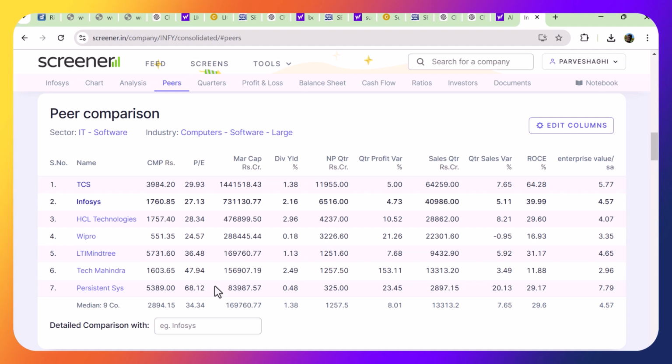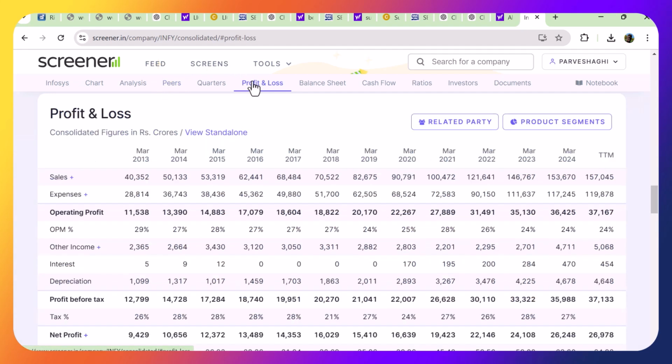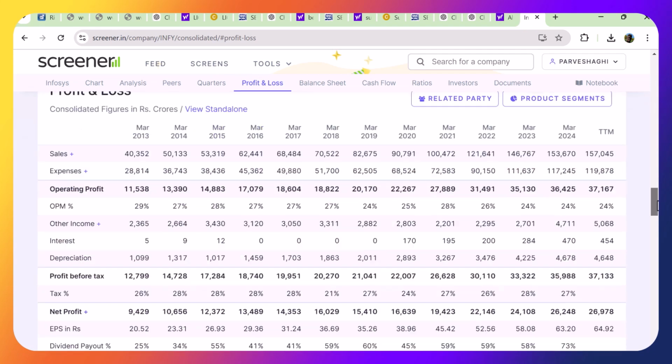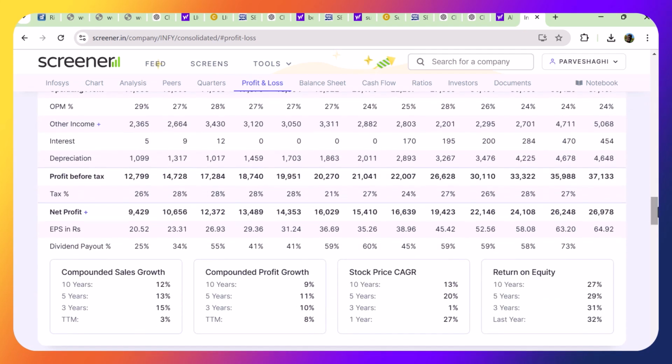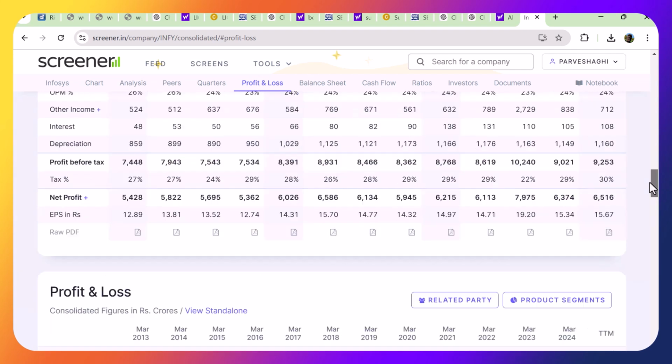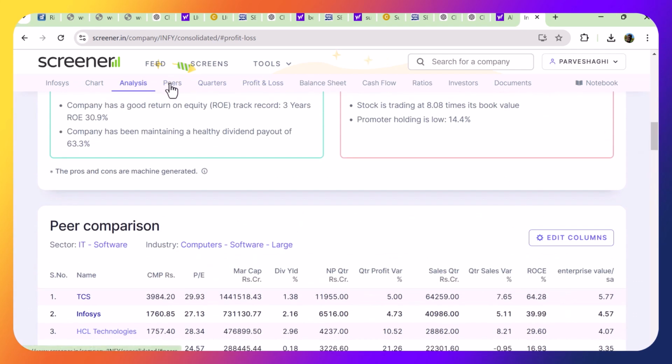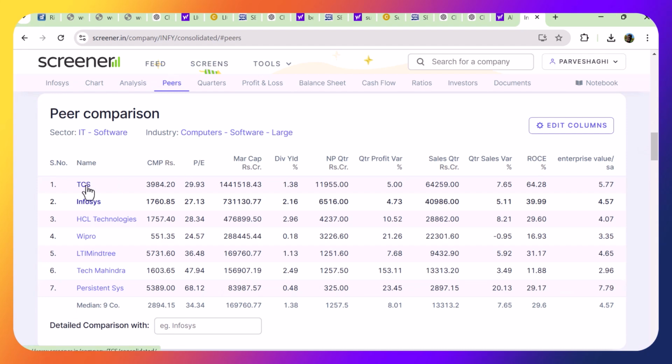If you go through Wipro's profit and loss account and look at its earning per share, it's growing: 22, 23, 26, 29, 31, 38, 45, 52, 58, 63. It is growing, but not at a blistering pace as compared to, for example, TCS.